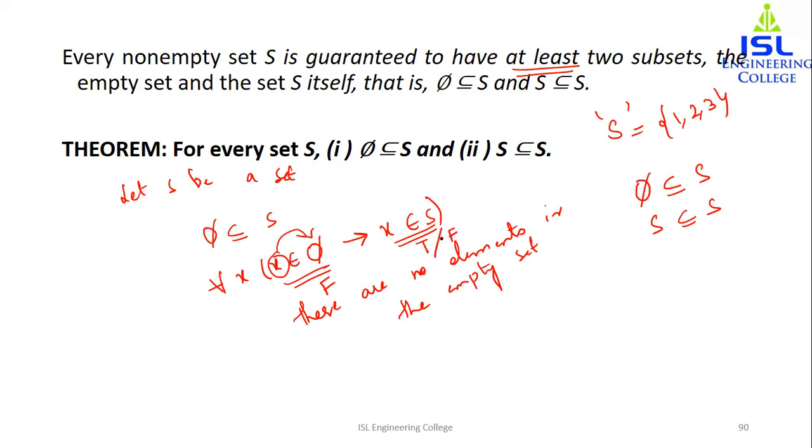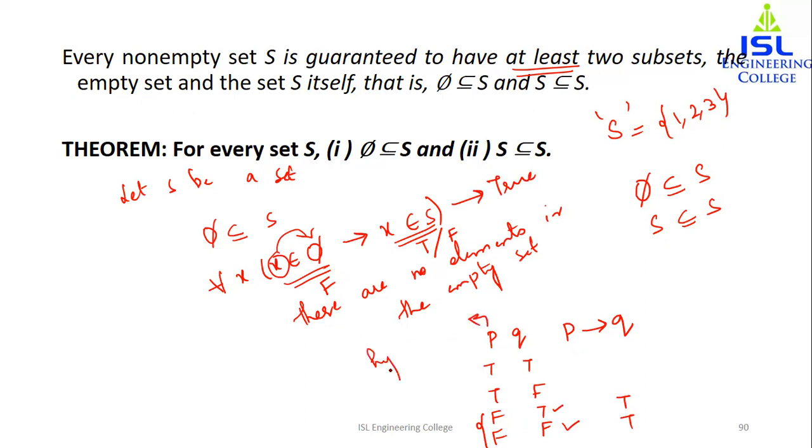But we know that in the case of P implies Q, if we remember the truth table for P implies Q, look at the last two rows. If P is false, whether Q is true or false, the entire quantification will be true. If the first one is false, P, which is also known as the hypothesis, we have studied it in the first topic that P is the hypothesis.